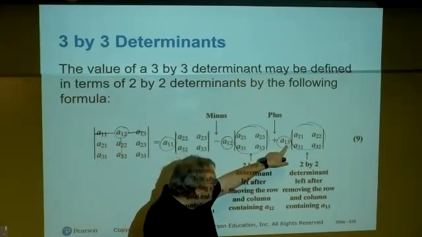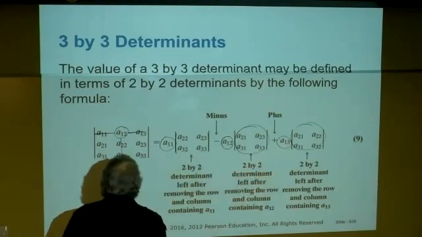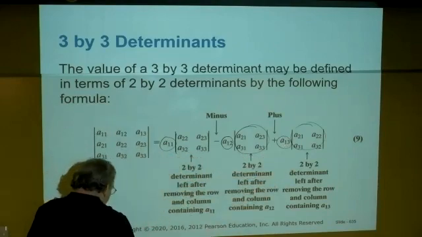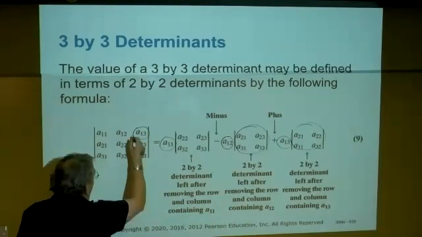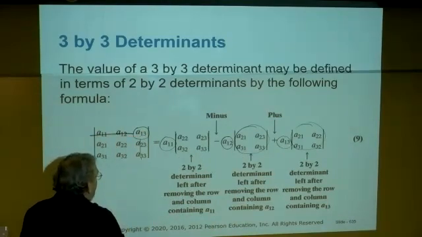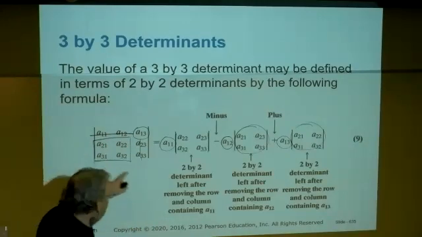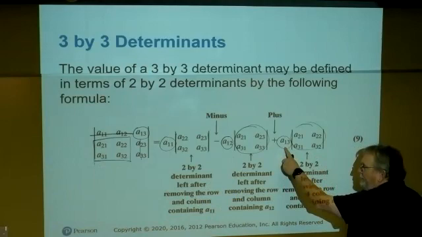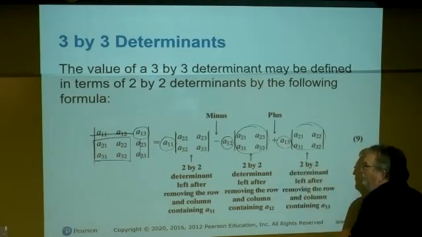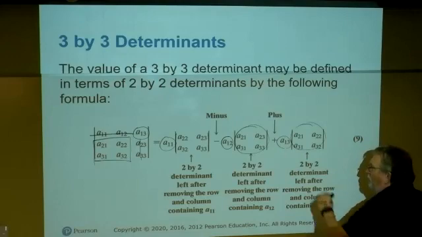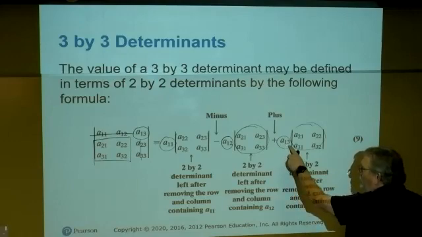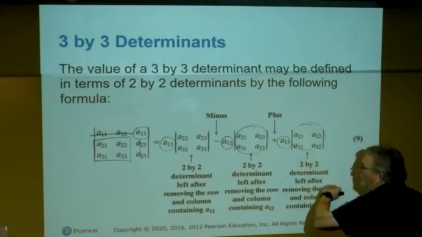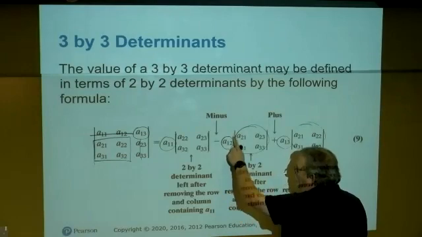And now for this entry, I ignore the row it's in, and I ignore the column it's in, and the remaining 4 numbers form the minor for this entry. So row 1, column 3, this is its minor. Row 1, column 2, this is its minor.